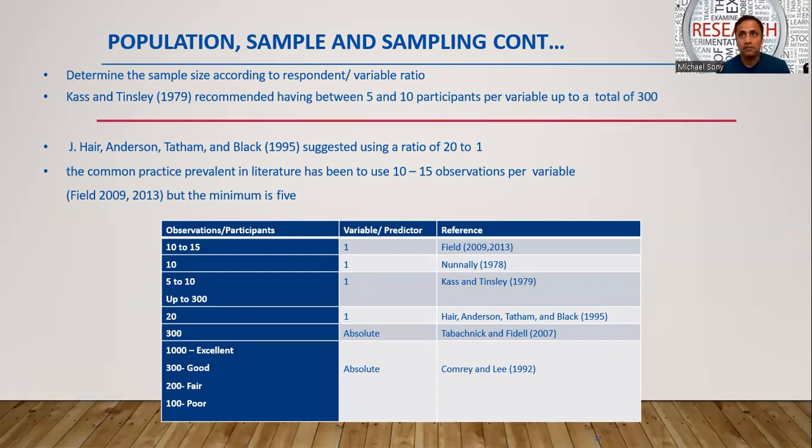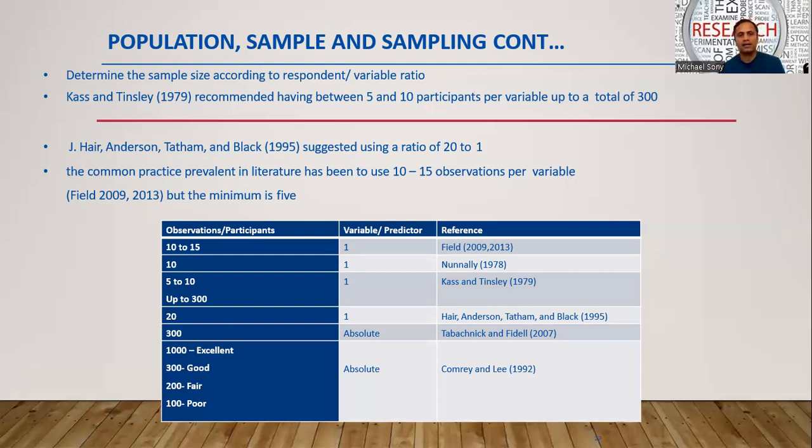Some statistical authors like Hair and Anderson suggest that it is not 10, but around 20 responses that are required. So if 10 variables or 10 questions are there, then 10 multiplied by 20, around 200 responses are required.